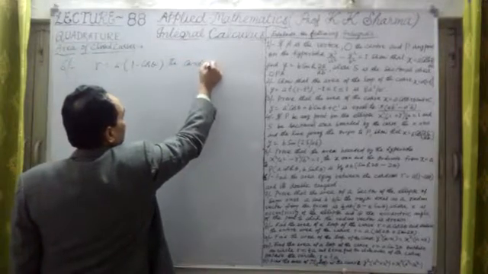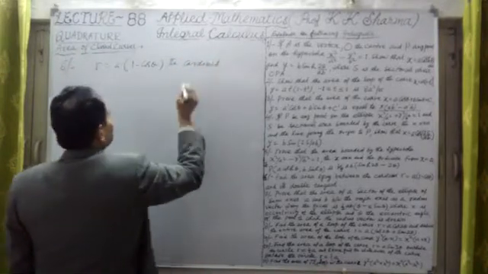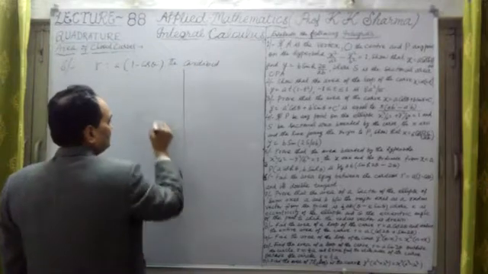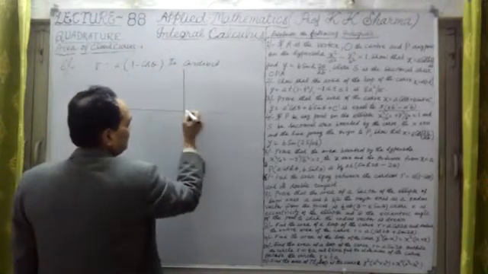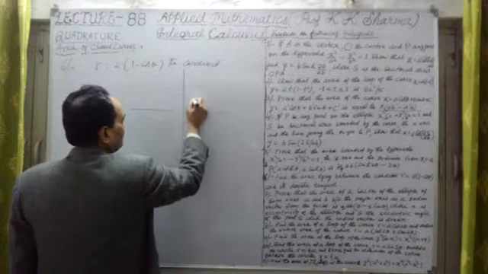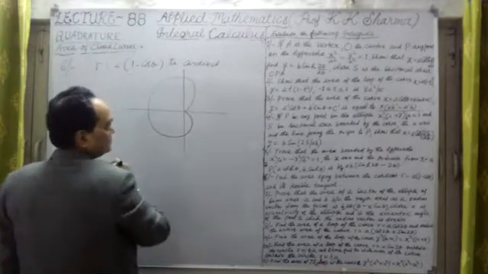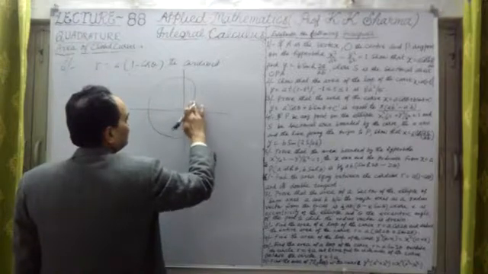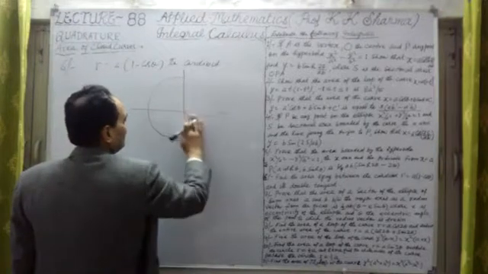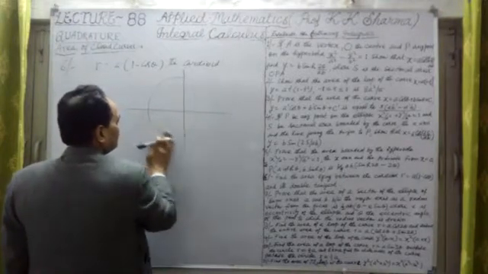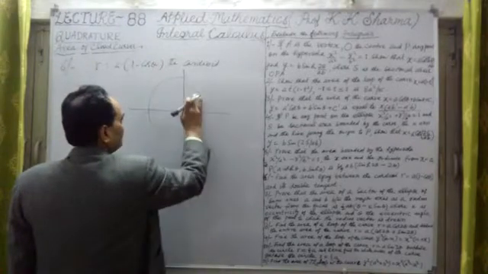This we have traced like this. Here, let me take a bigger one. Okay, this is the cardioid here. I'm sorry, I've taken one not of the same type.